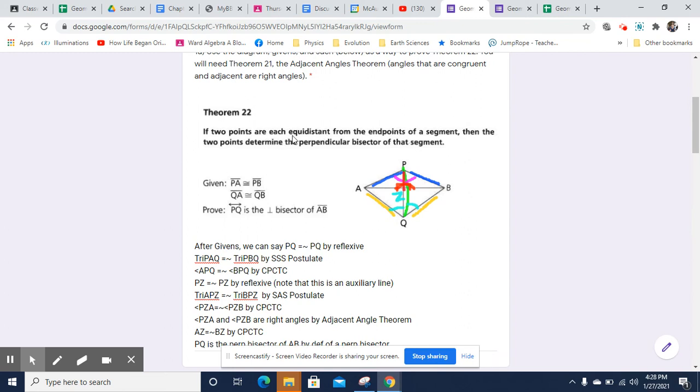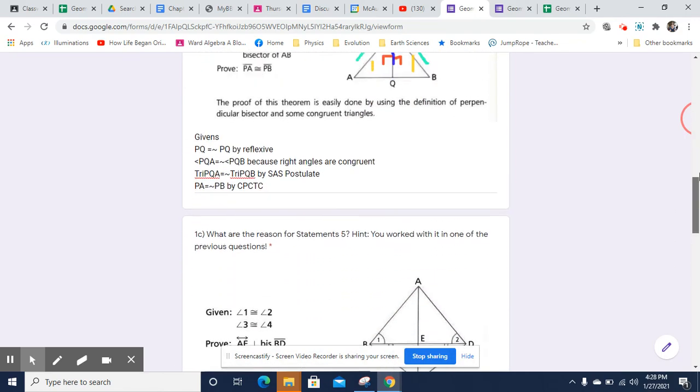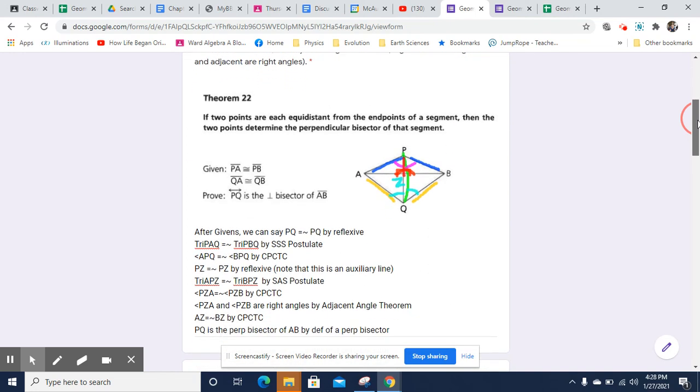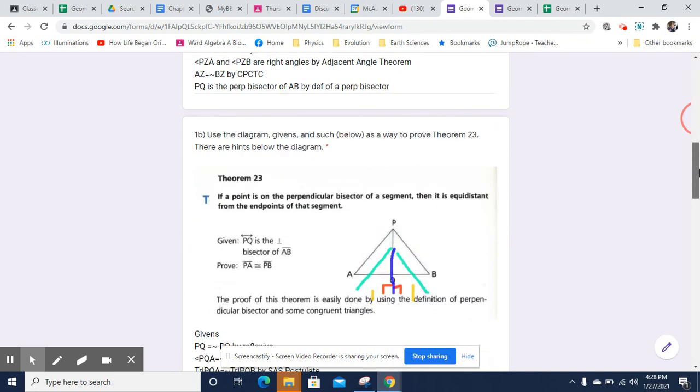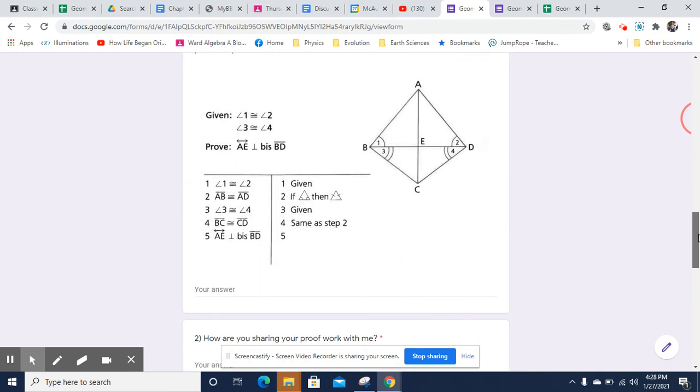If 2 points are each equidistant from the endpoints of a segment, these 2 points being equidistant to those endpoints, then those 2 points determine a perpendicular bisector. So I would say that it is this equidistance theorem here, Theorem 22.